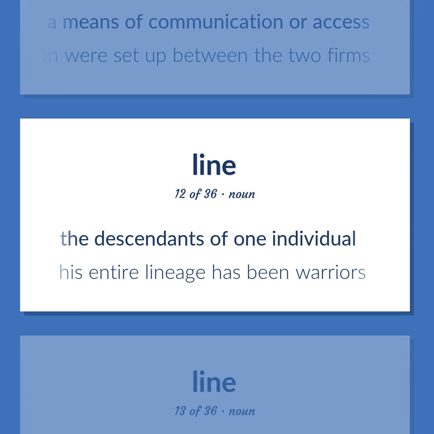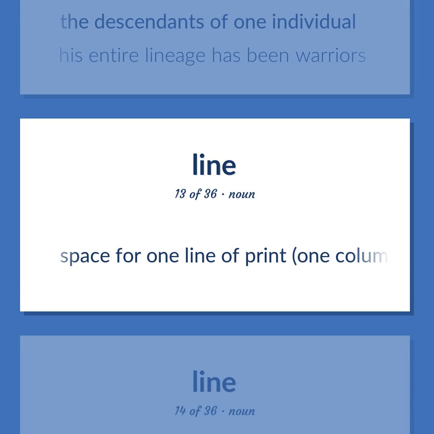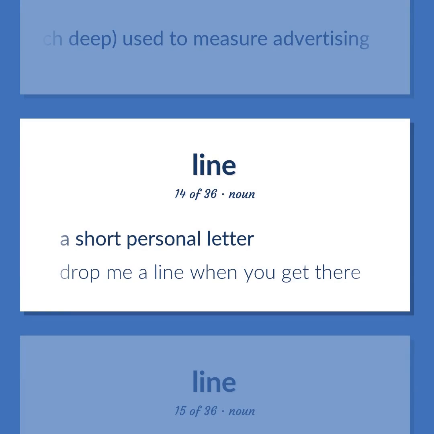The descendants of one individual. His entire lineage has been warriors. Space for one line of print, 1 column wide and 1/14 inch deep, used to measure advertising. A short personal letter. Drop me a line when you get there.